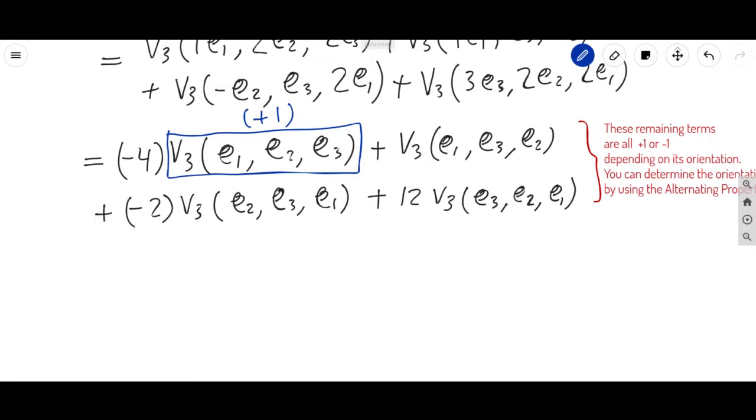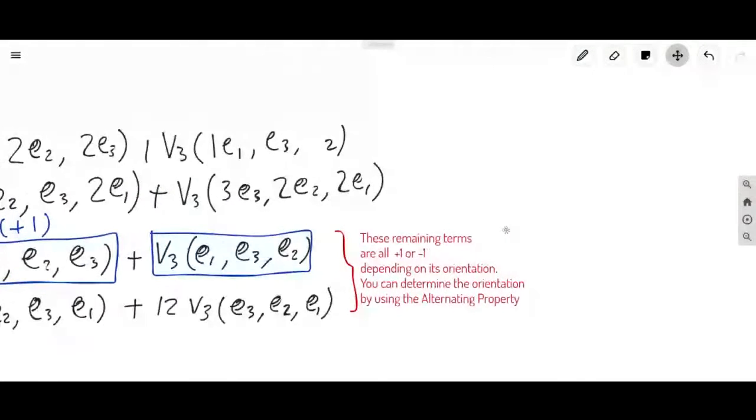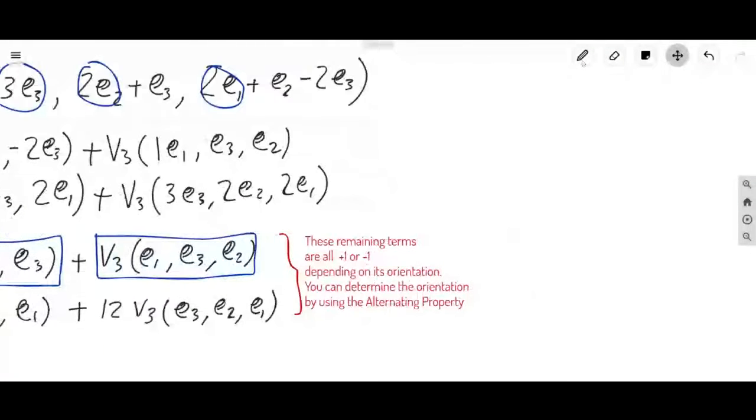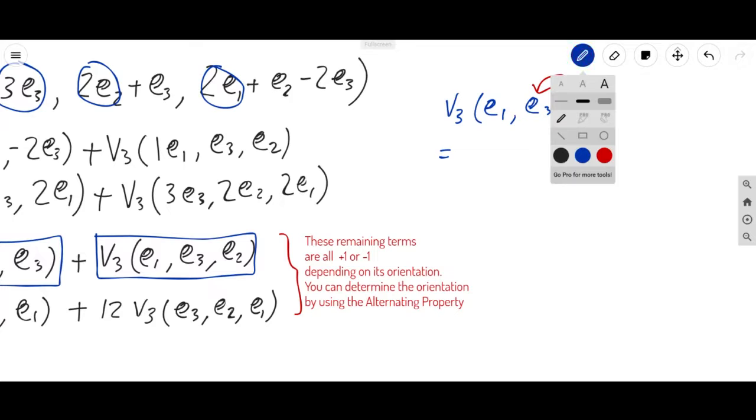Now, let's look at this one over here and figure out what it is. Let me do a side calculation over here, so you get the idea of how it works. So you have V3 of E1, E3, E2. This is equal to, now here's what you're going to do. Take the second and third vector and flip them around.